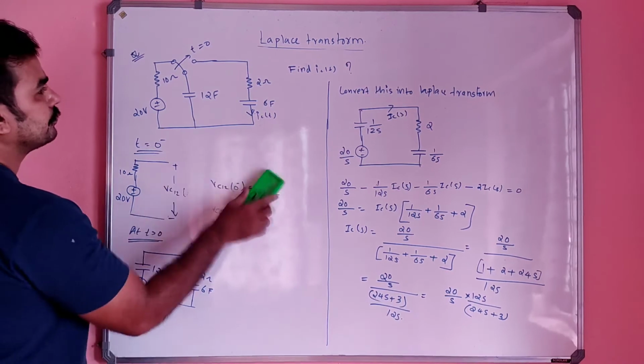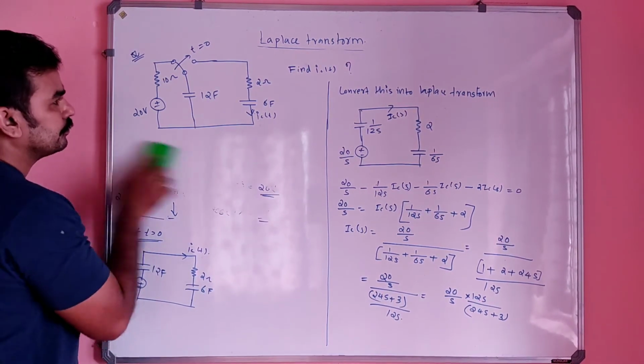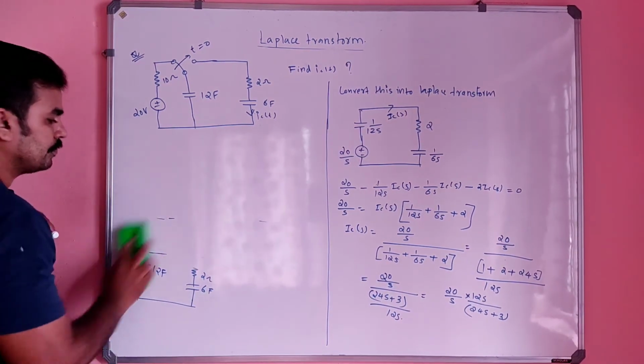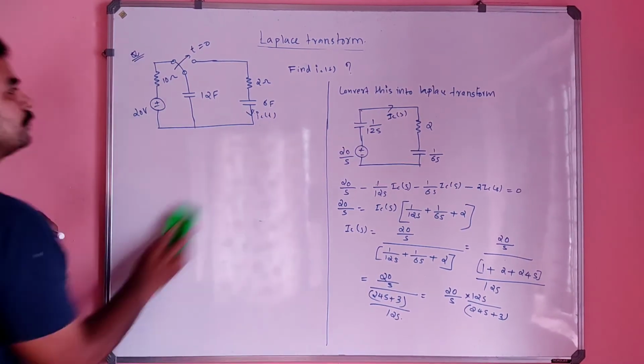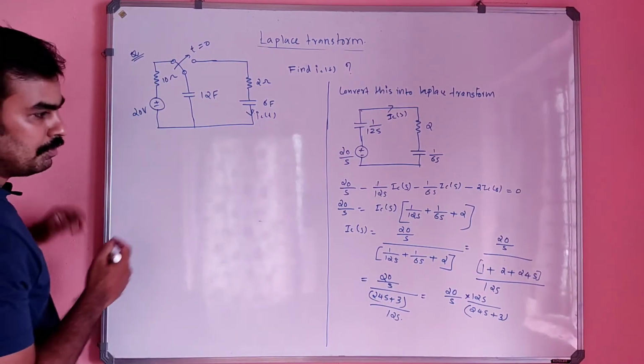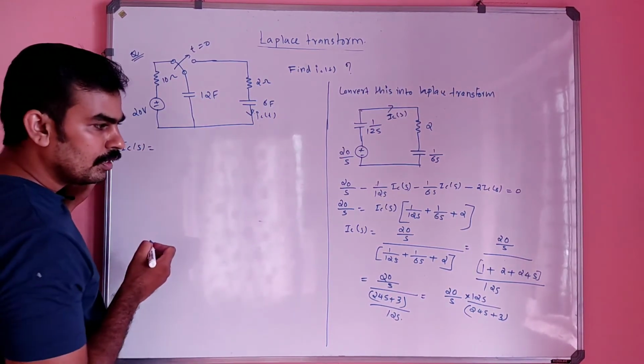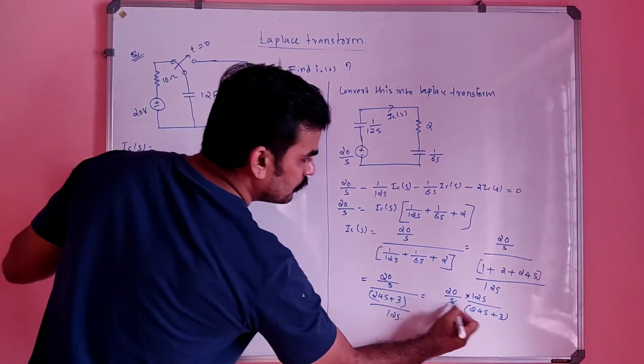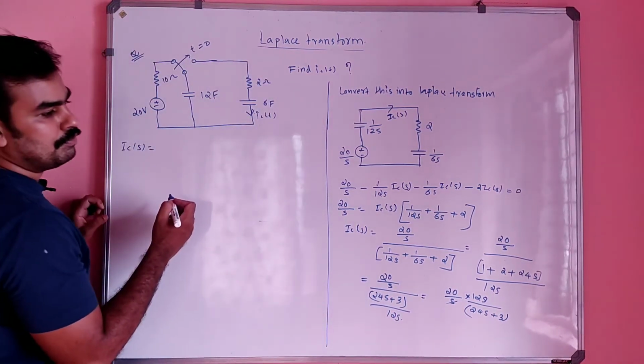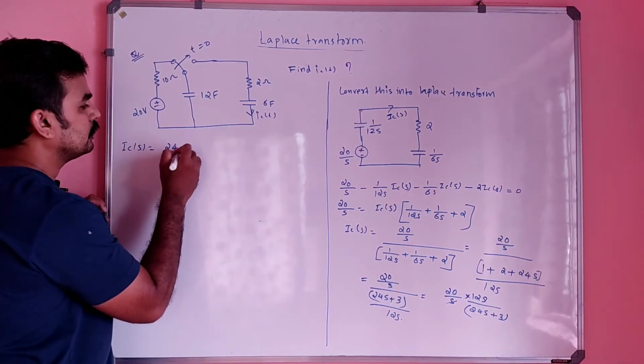So IC of s is equal to, s gets cancelled now. 12 into 20 will be 240, right?